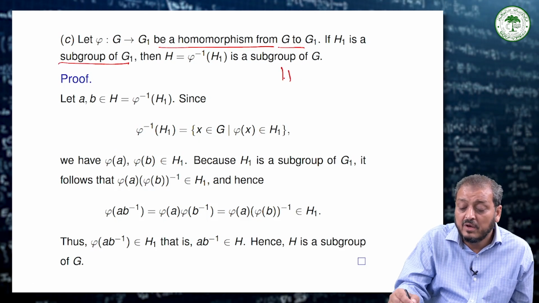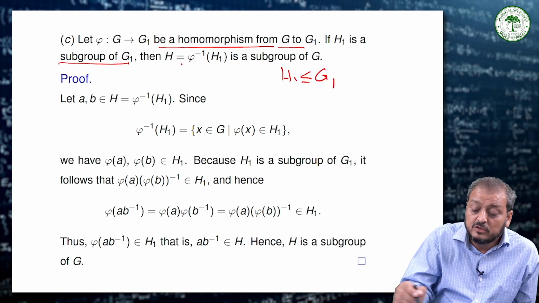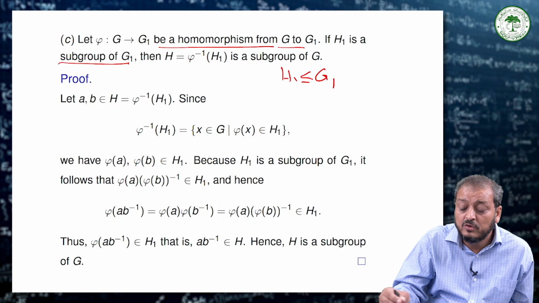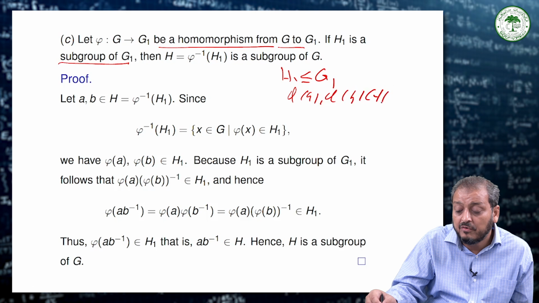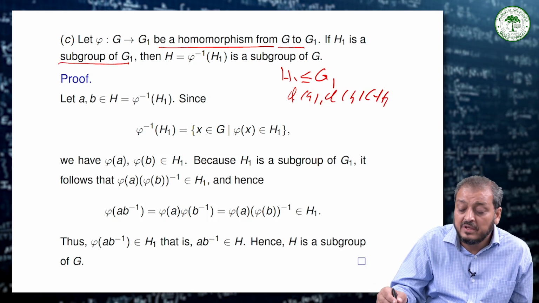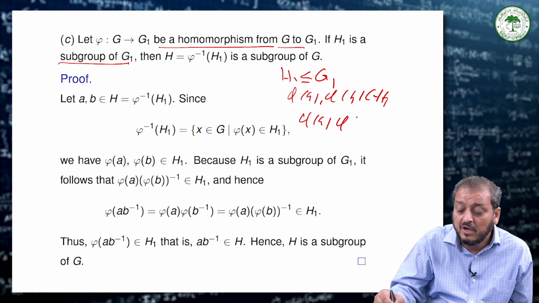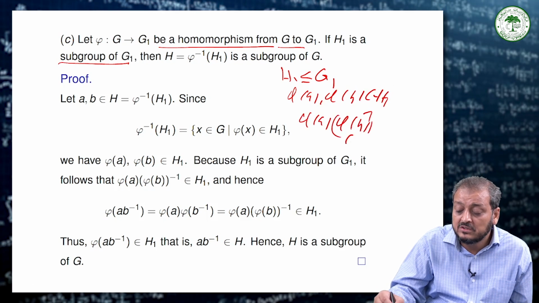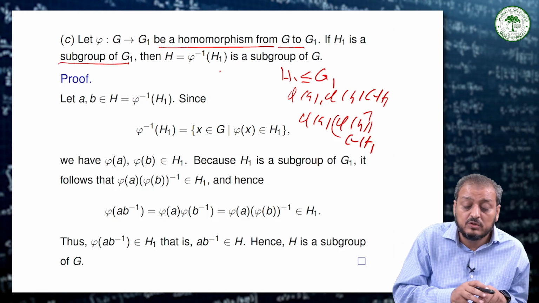So if phi of a, phi of b are elements of H1, then we have to show that phi of a, phi of b whole inverse is also an element of H1. We can simply say it in this form.